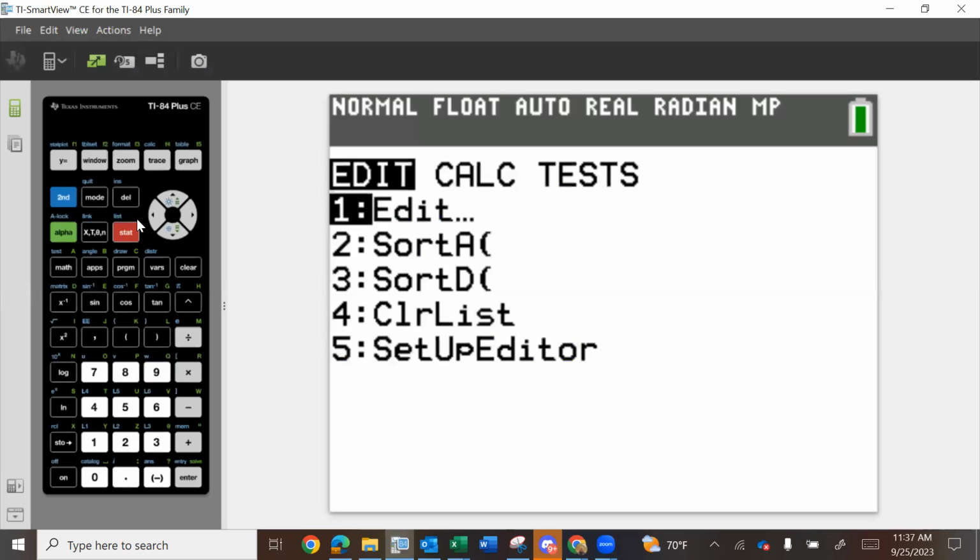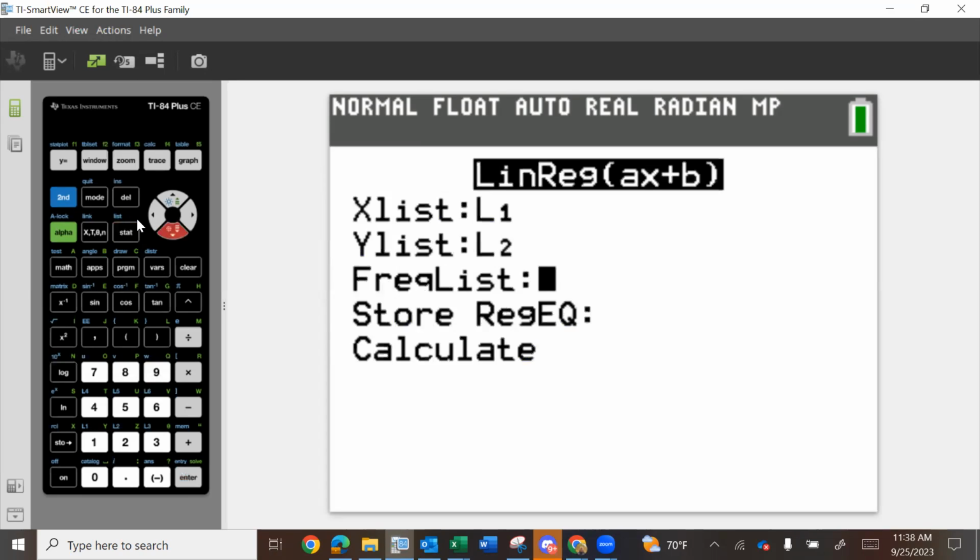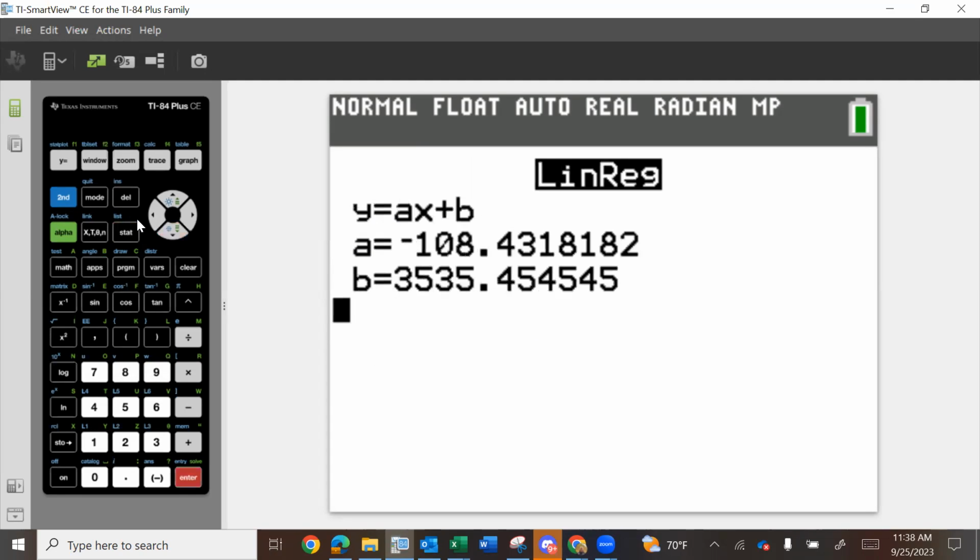First of all, as I've gone through these videos and done different things like linear regression, some of you had r and r squared numbers there, and I never did. Well, it's time to get those.